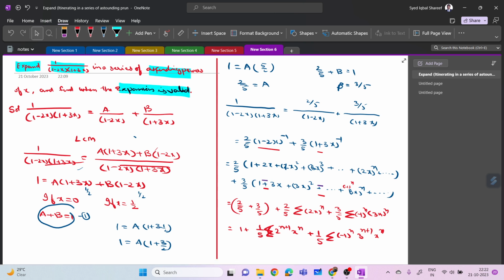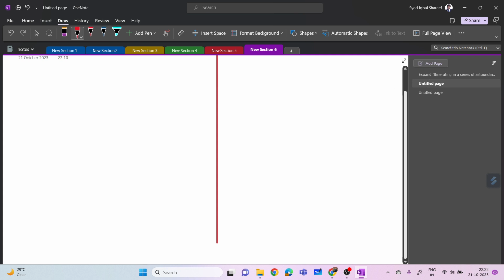So now what we are doing next? Next, writing common. So this will be 1 plus 1 by 5, summation of 2 to the power of n plus 1, x to the power of n. x to the power of n I will take common.